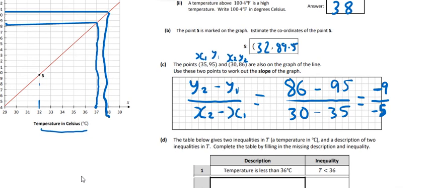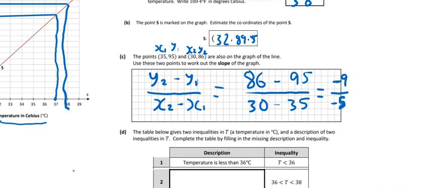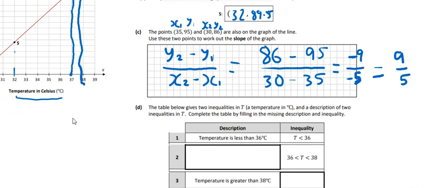A minus divided by a minus will give us a plus. So the answer will be 9 over 5, or you could say 1 and 4/5 if you want.